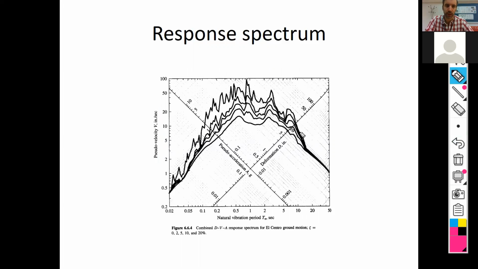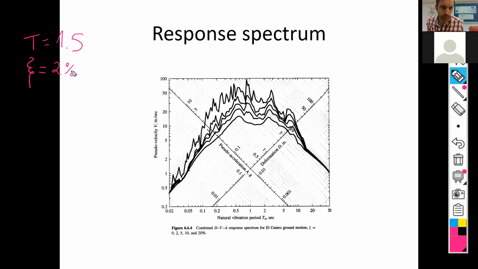So for example, let's say that we have a natural period of, I don't know, 1.5 seconds, and that we had a damping ratio of 2%, okay?